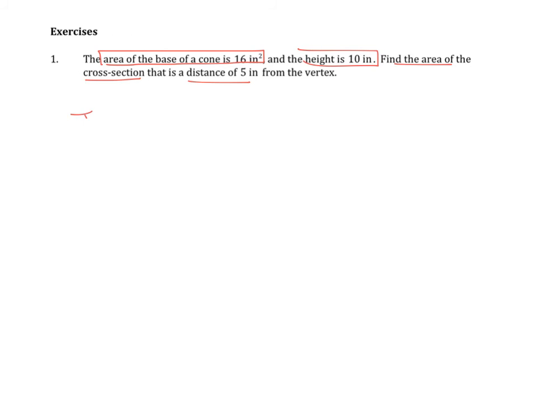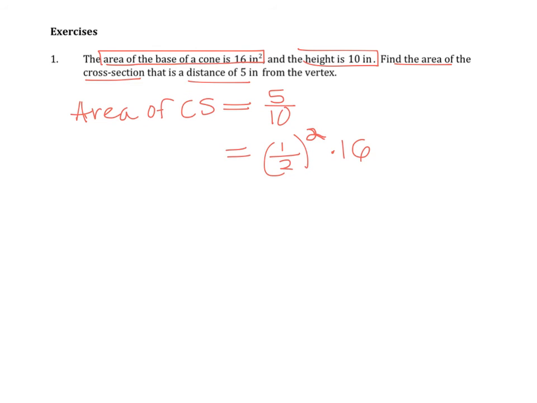So the area of the cross section is equal to the scale factor, which is 5/10, and that reduces to 1/2, squared, times the area of the base of the cone that's given, which is 16.